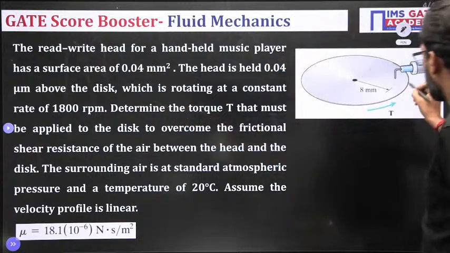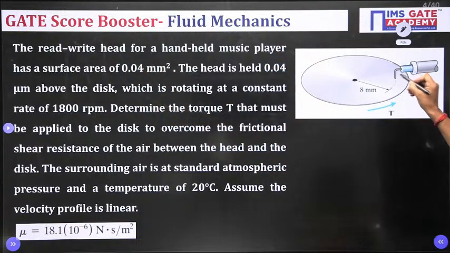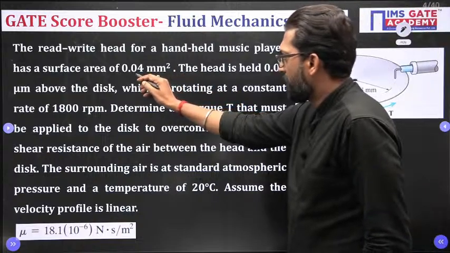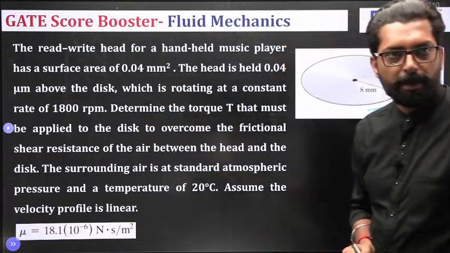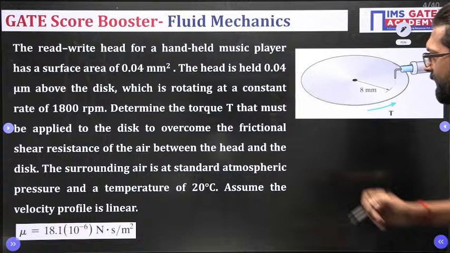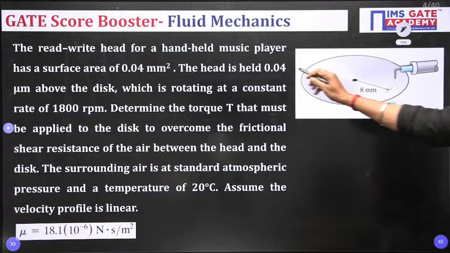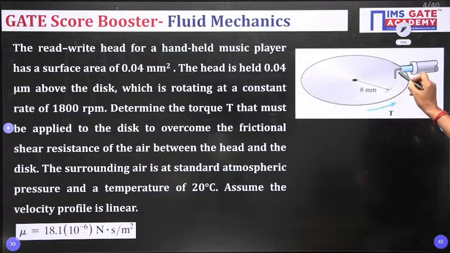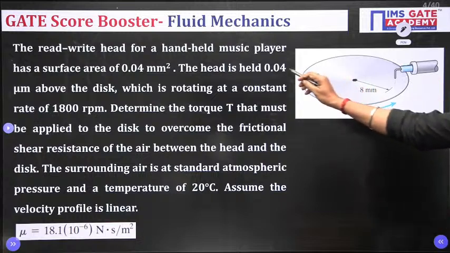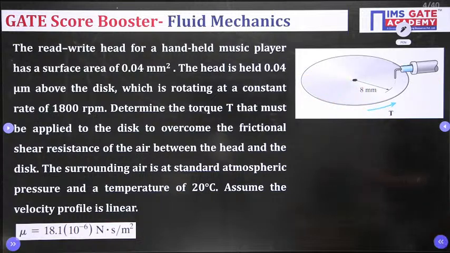The needle surface area is given as 0.04 mm squared. The head is held 0.04 micrometer above the disc. That means there must be a gap between the needle and the disc, and the gap is 0.04 micrometer.